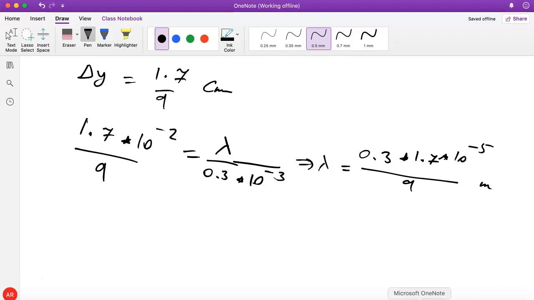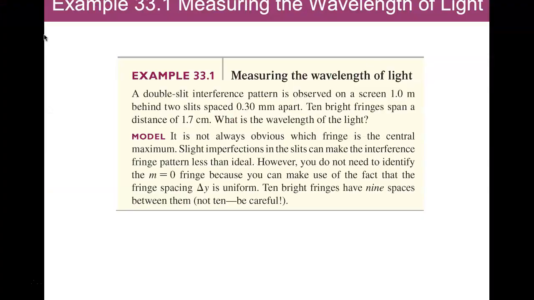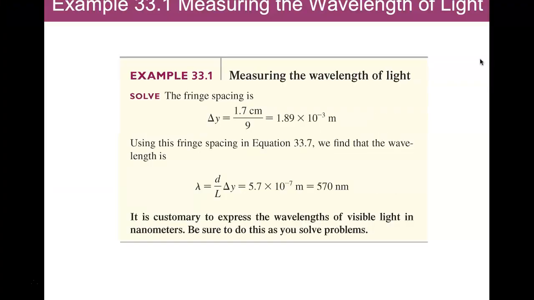Let's look at the answer, see what it is numerically. So delta y is 1.7 over 9, and then lambda is delta y times d over L. L was just 1 meter, d is 0.3 millimeters.